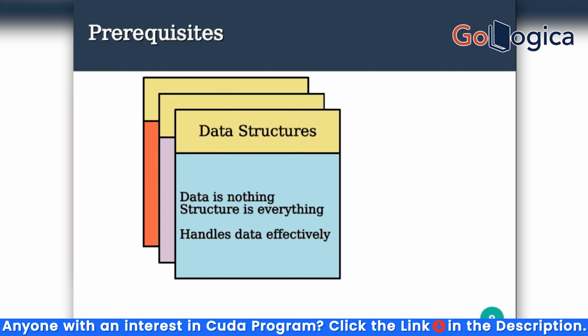So these 3 data structures are very important for this CUDA programming course, right? In case you're not able to recall some specific concept in C, then definitely you can go back and elaborate on the concepts of structures or matrices, how they are stored, and then we can go further and do this CUDA program.